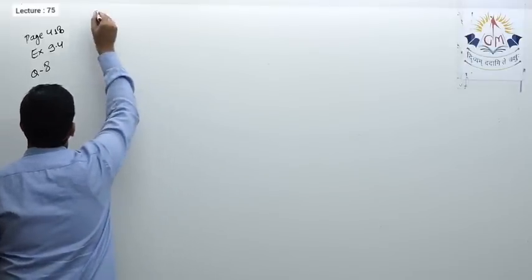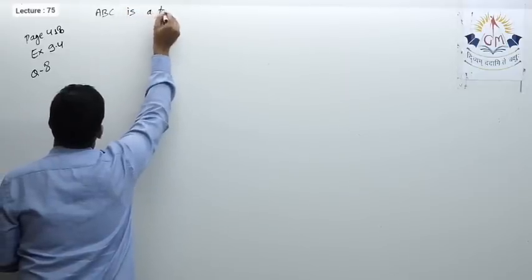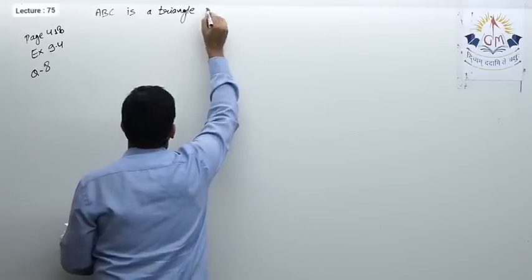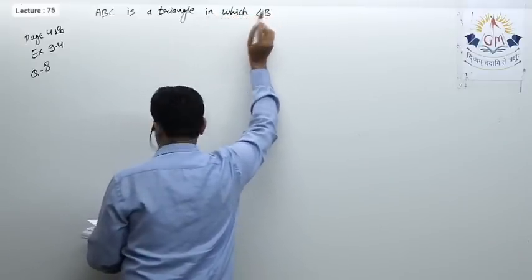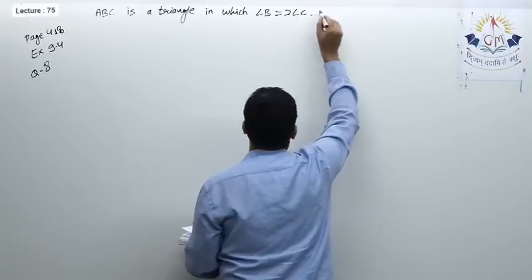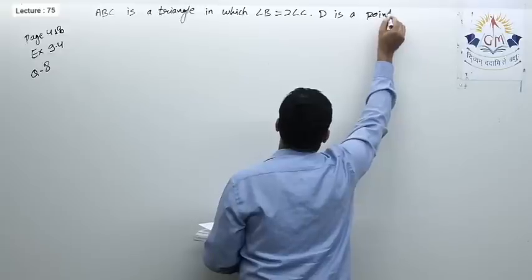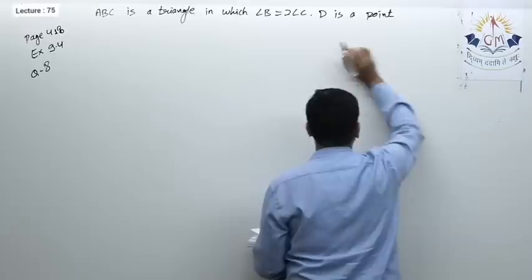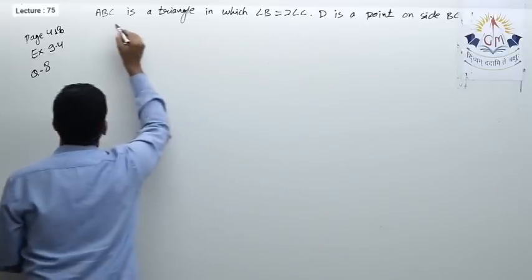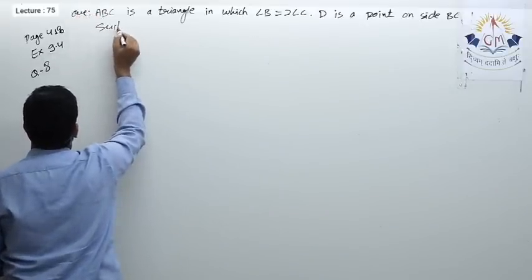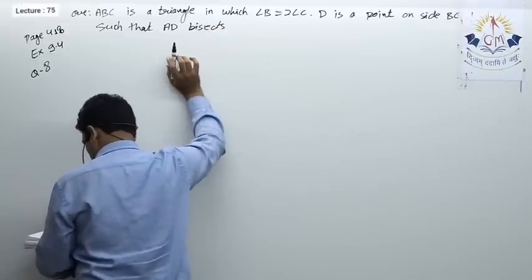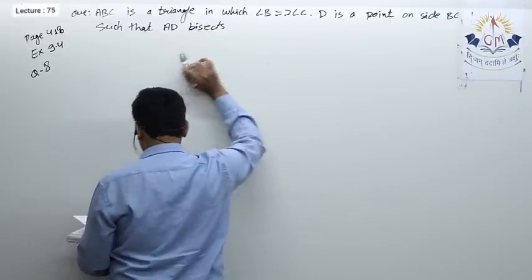ABC is a triangle in which angle B is equal to twice angle C. D is a point on side BC such that AD bisects angle BAC.